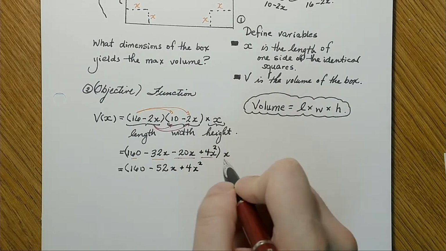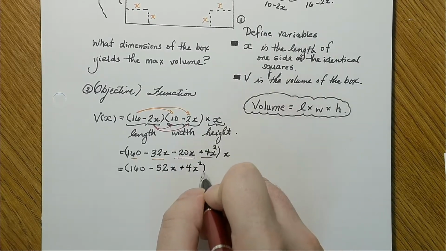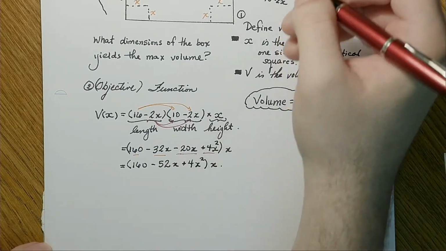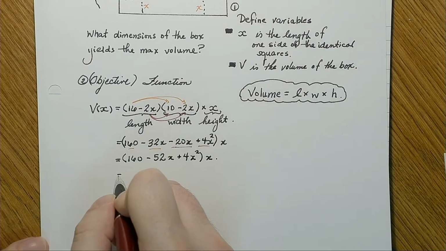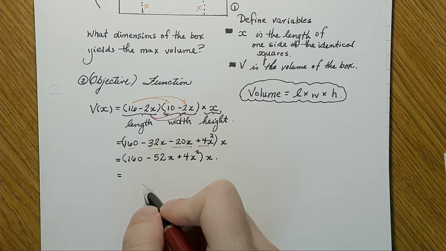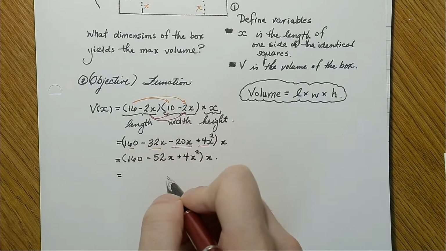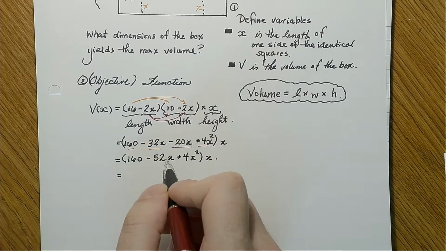No one saw that. There's supposed to be a square there. And next. We're almost done. Minus 48x.